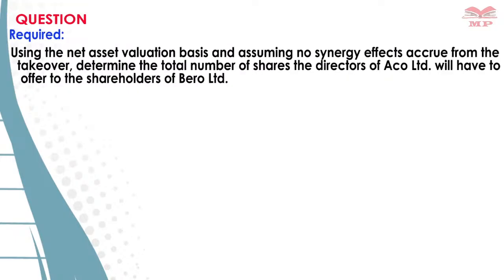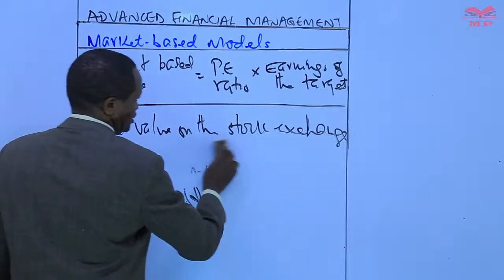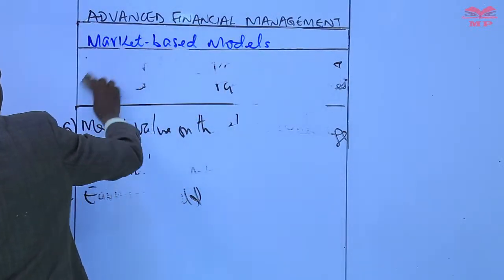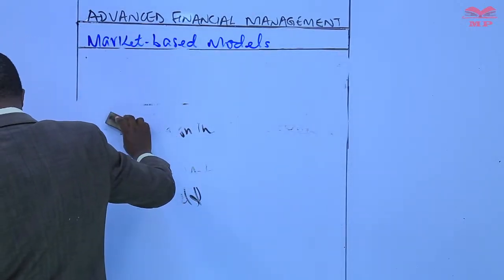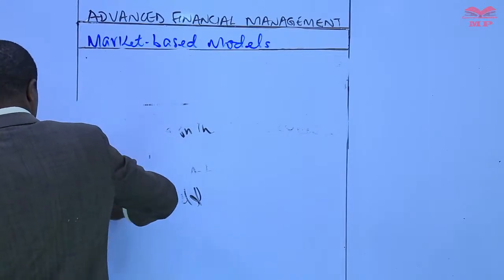Using earnings per share basis and market value basis, and assuming no synergy effects accrue from a takeover, determine the total number of shares the directors of ACO Limited will have to offer to the shareholders of Biro Limited. That is the question. So let us answer it.